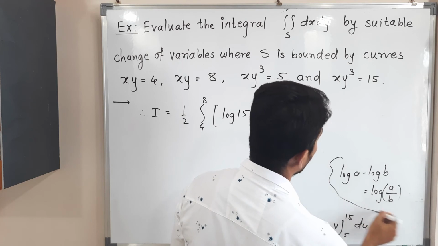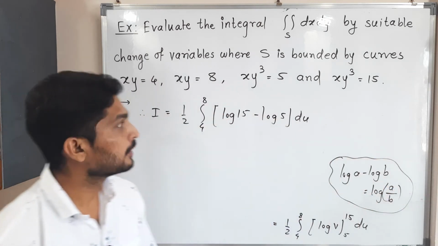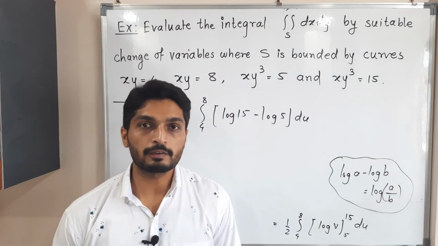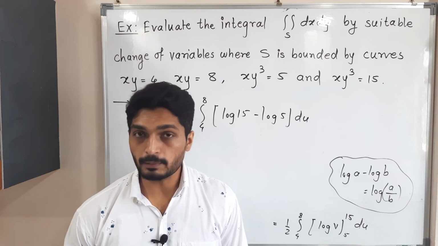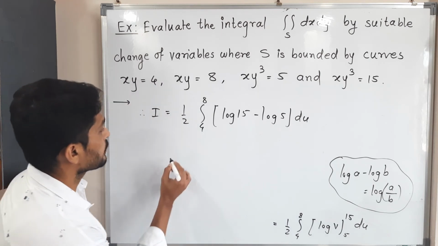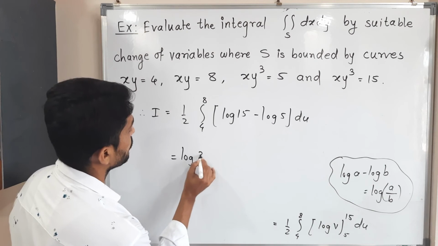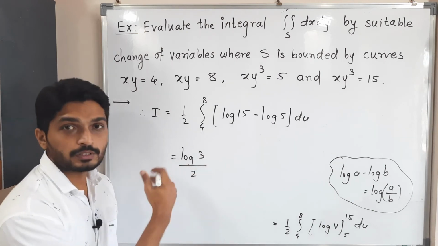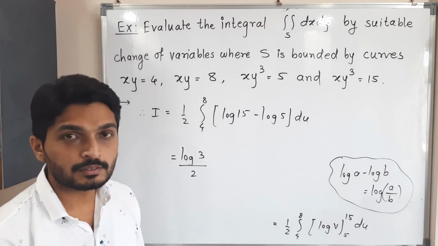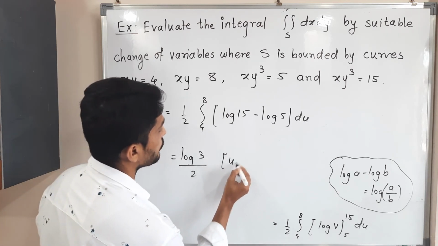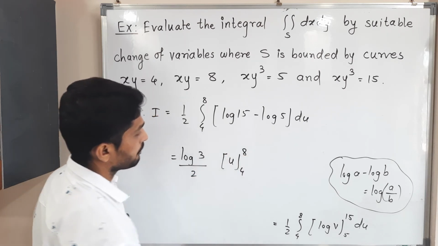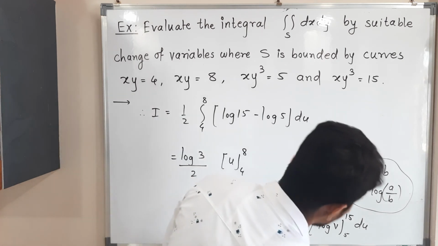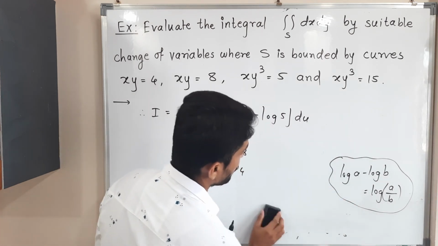So I am going to use it. Log 15 minus log 5 is log 15 by 5, that means log 3. It's a constant, I am taking it outside, log 3 by 2. If you take this constant outside, we have simply du. Its integration is u, having limits 4 to 8.